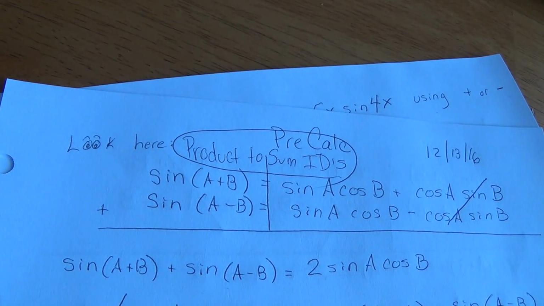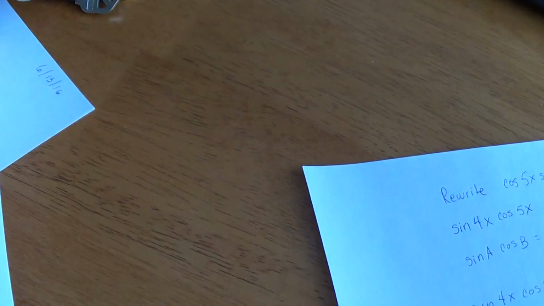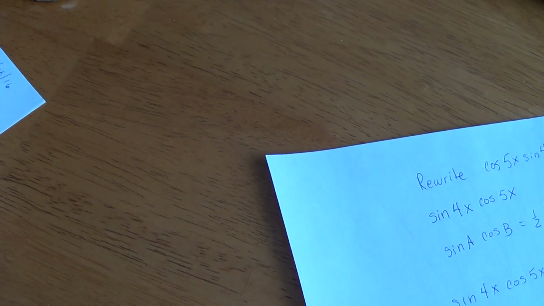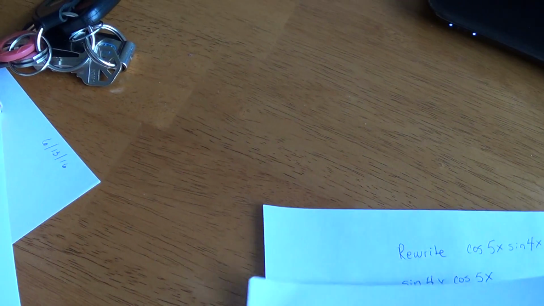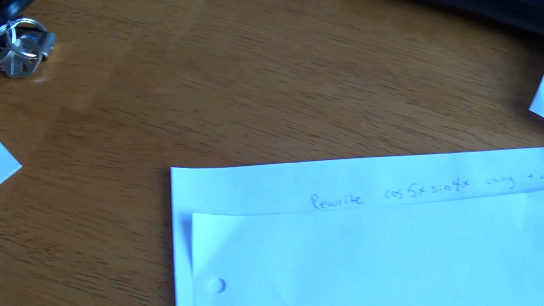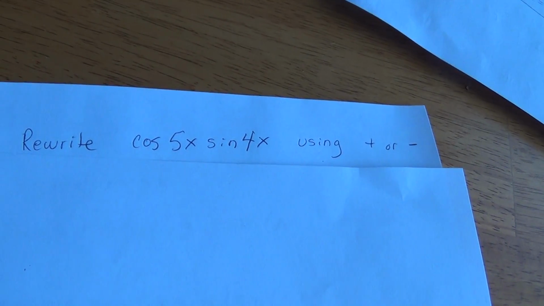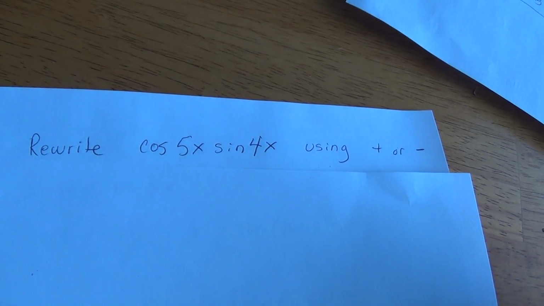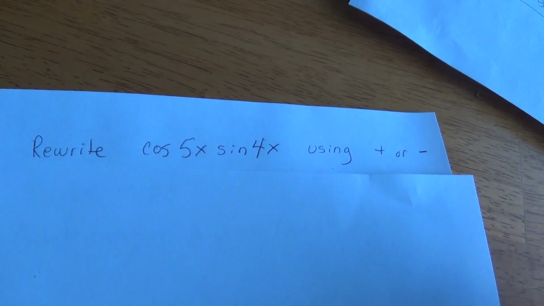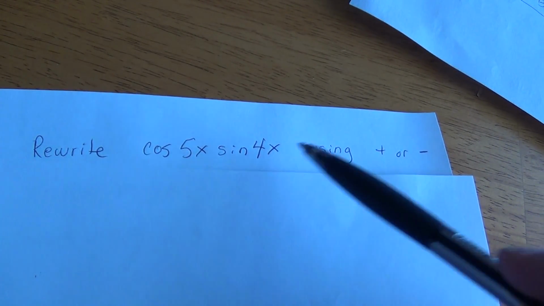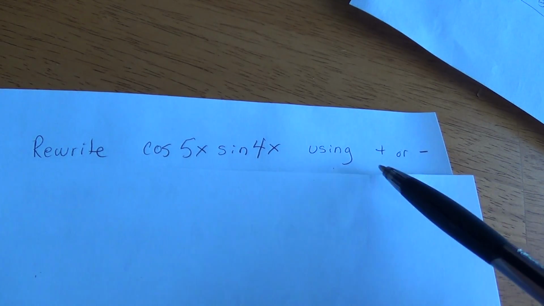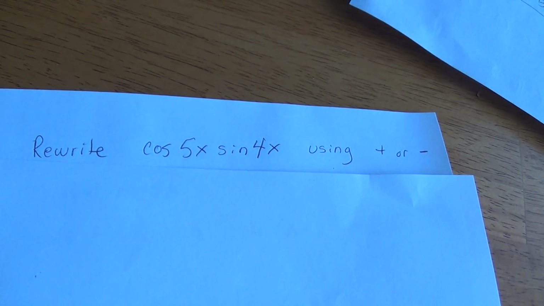All right, now all I have to see is how to use it in an example. And again, you are in totally calculus land because that's who uses this trig ID. So get ready, keep that door open. So the command is rewrite the product using a sum or a difference.